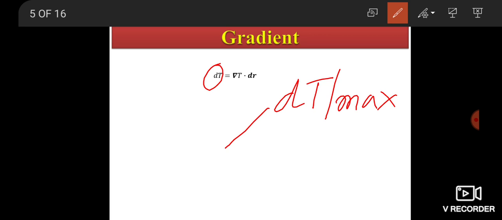Till now we get that there is a change in temperature dT. Our next task is to find the dT maximum, and then we will find in which direction this change in temperature is maximum.